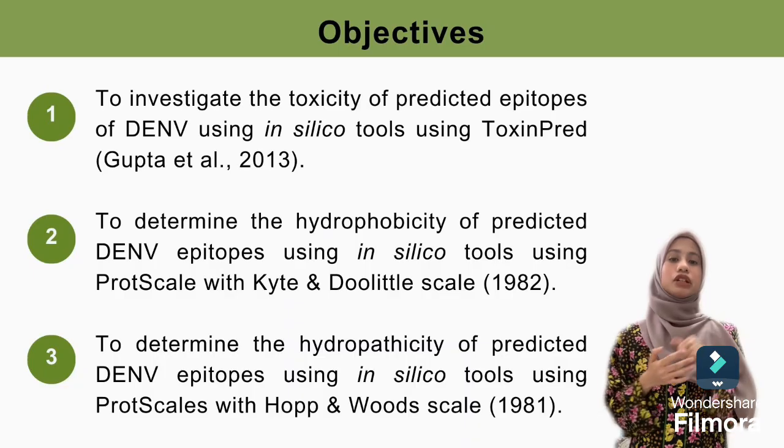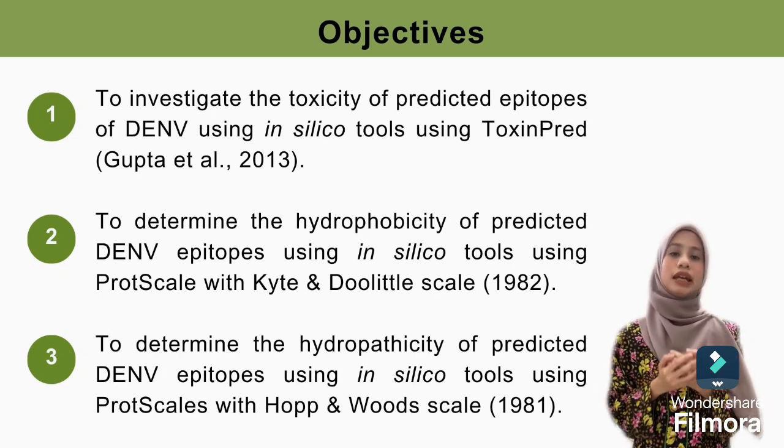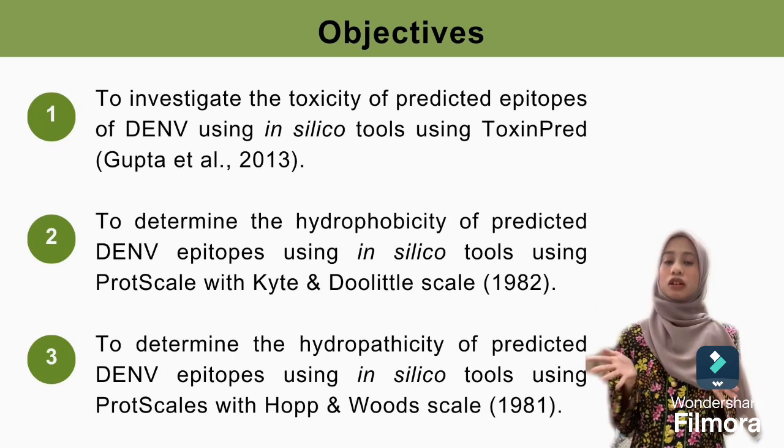vaccine. So for the objectives, the first one is to investigate the toxicity of predicted epitopes of DENV using in silico tools, using ToxinPred by Gupta in 2013, to check if predicted DENV epitopes are safe and non-toxic.